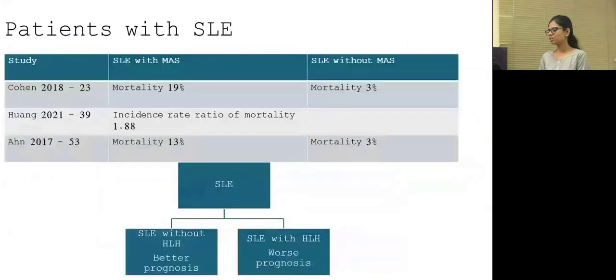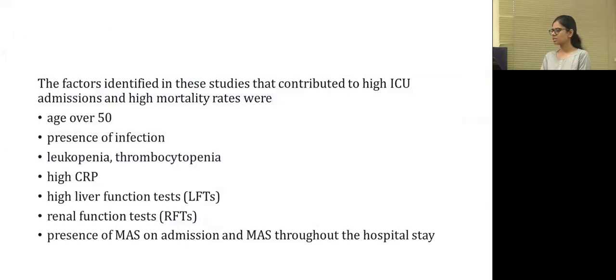So this is a review of the literature which shows SLE with MAS had a mortality of 19% in one study as compared to 3%, and in other studies by Huang and An as well, the mortality is high when SLE is associated with MAS when compared to without MAS. And these are the prognostic factors that they looked into: age over 50, presence of infection, leukopenia, thrombocytopenia, high CRP, high LFT, RFT, and presence of MAS on admission and throughout the hospital stay.